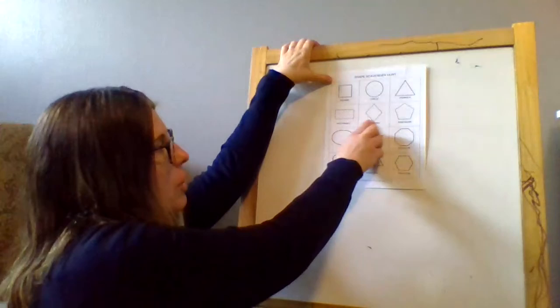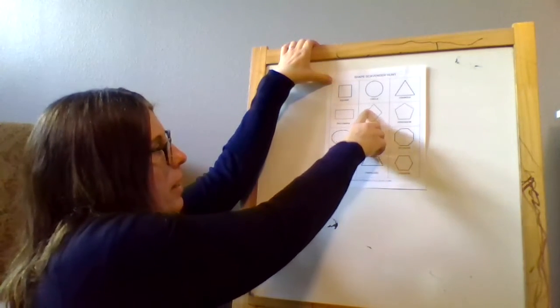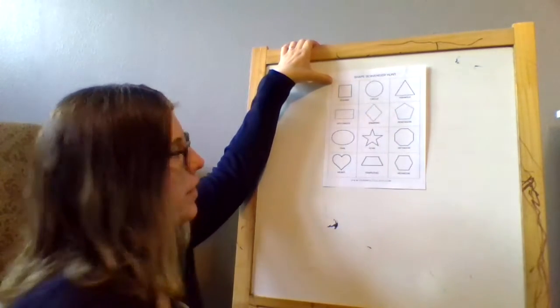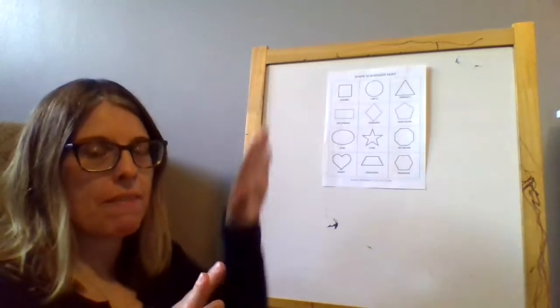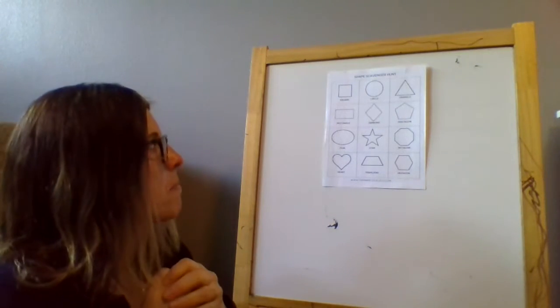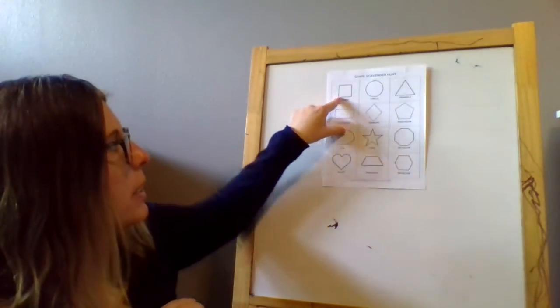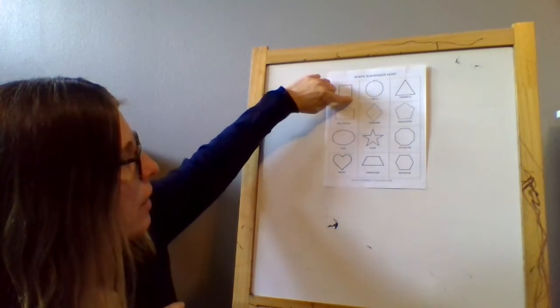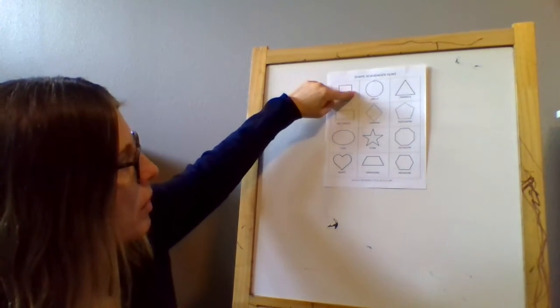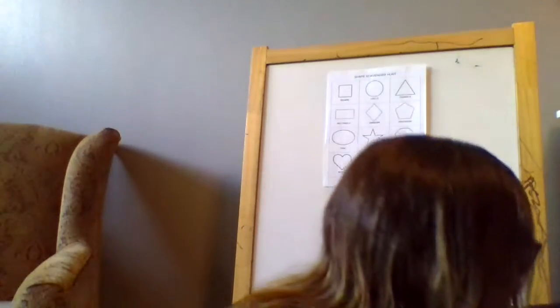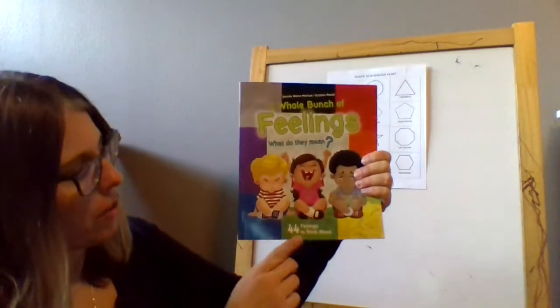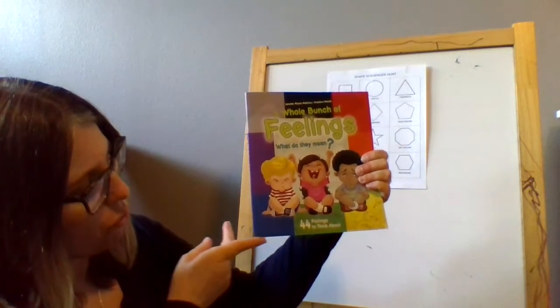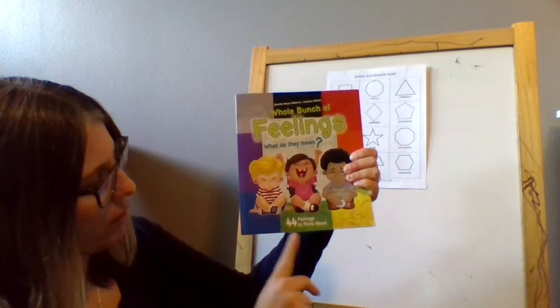How about this one? This one has 2 different names. On this one, all the sides are the same length, but it's not a square because a square has 4 sides that are all the same length. But see these corners? We call that a book corner. Let me show you what I mean by that. Here's a book. See how the corners on books go straight like this?